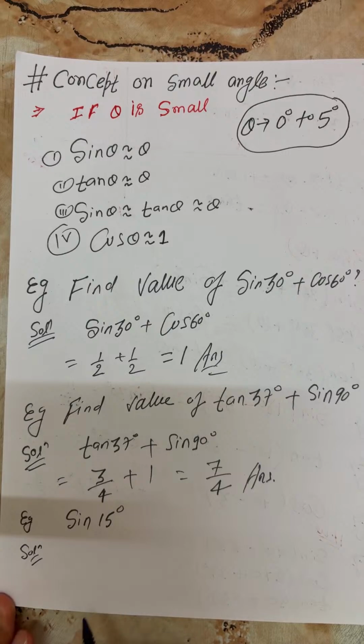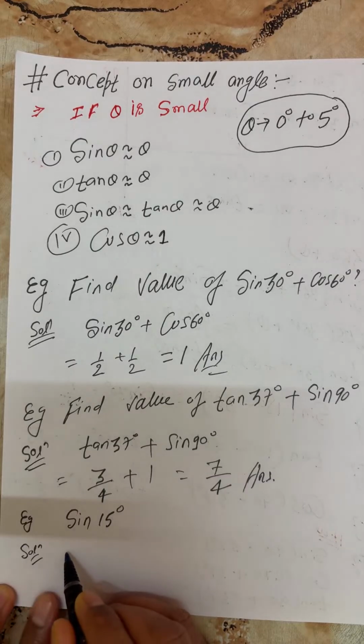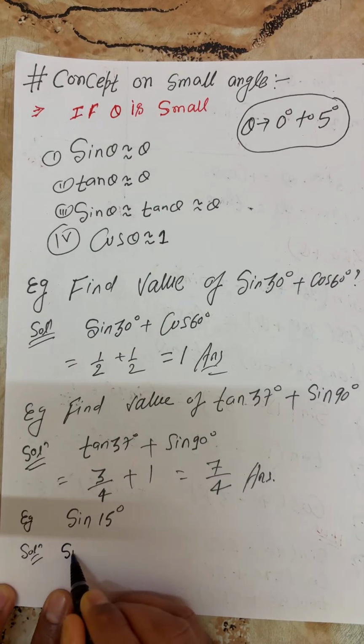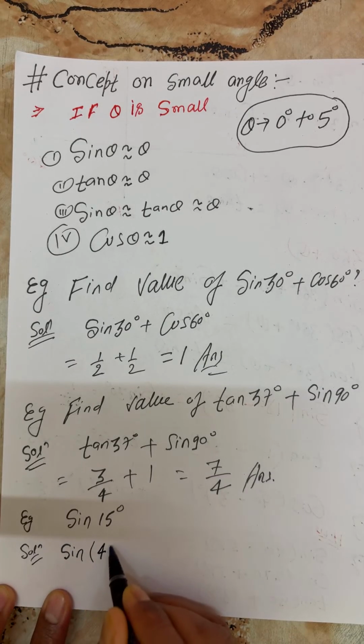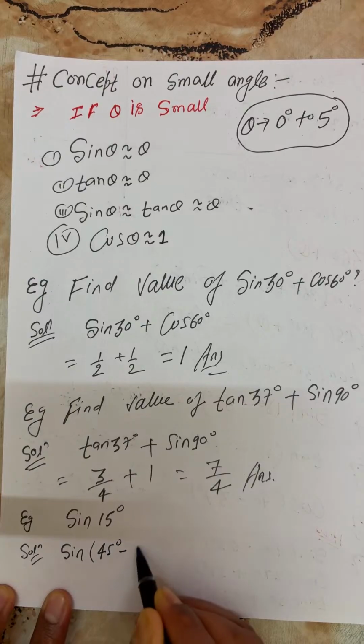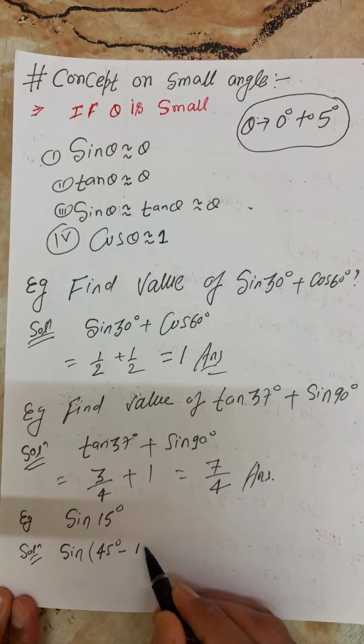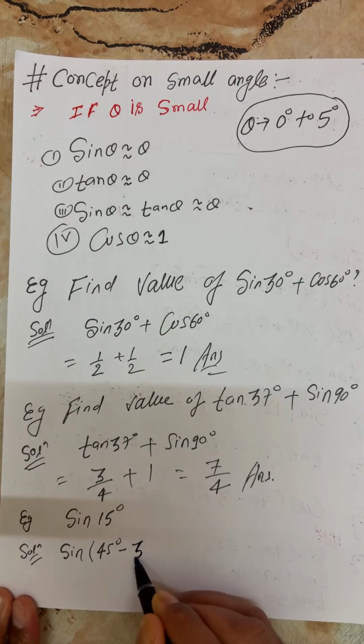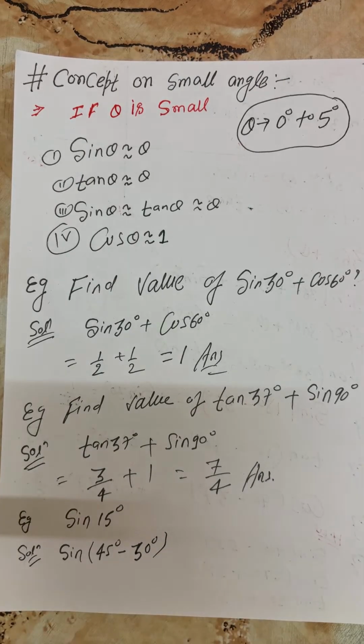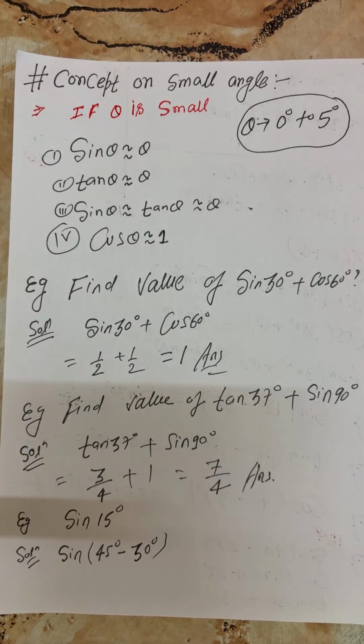You can write sine of 45 degree minus 30 degree. 45 minus 30 is 15 degree only.